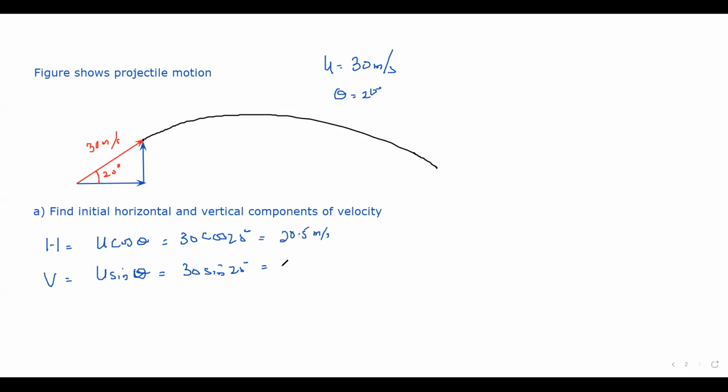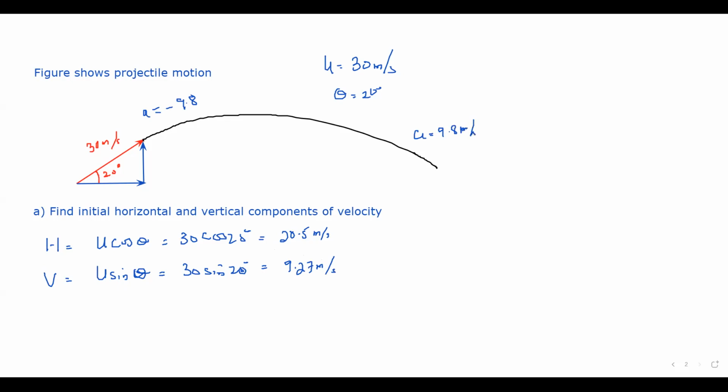And what is the answer for 30 sine 20? 9.27 meter per second. So we got the horizontal component and we got the vertical component. And we know when it is going up, it is decelerating at minus 9.8. When it is coming down, it will accelerate, that is 9.8.